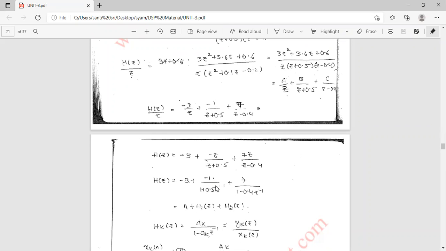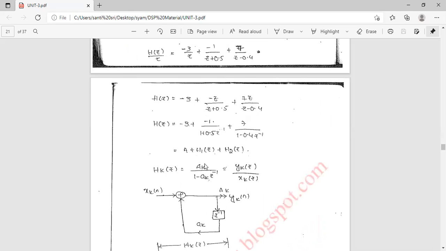minus 1 by 1 plus 0.5 into z power minus 1, plus 7 by 1 minus 0.4 into z power minus 1. Then it will become in the form of a plus h1 of z plus h2 of z. So hk of z is ak by 1 minus ak into z power minus 1.